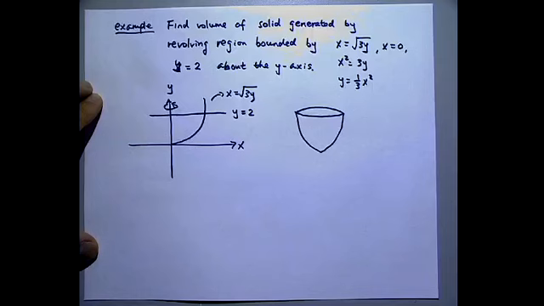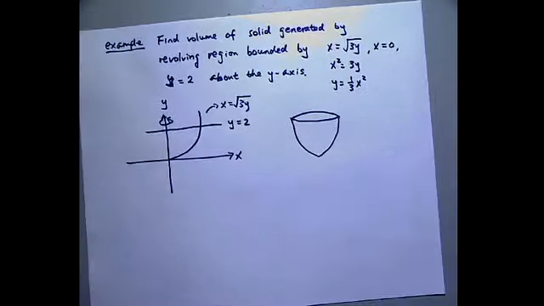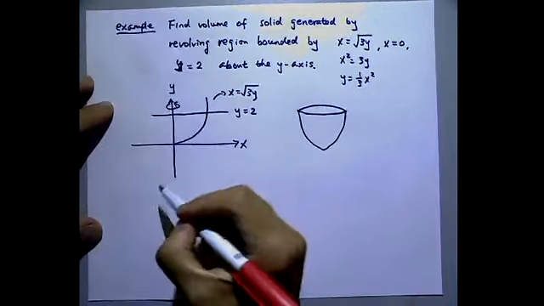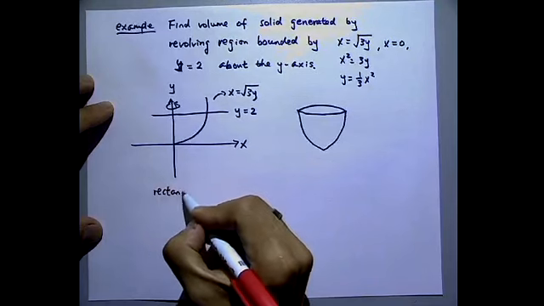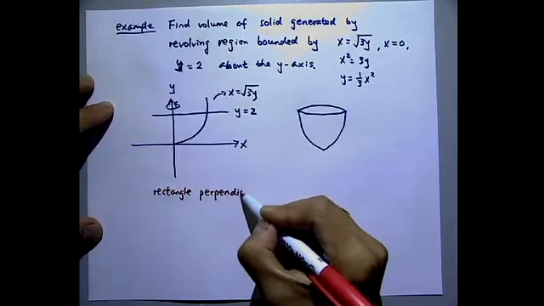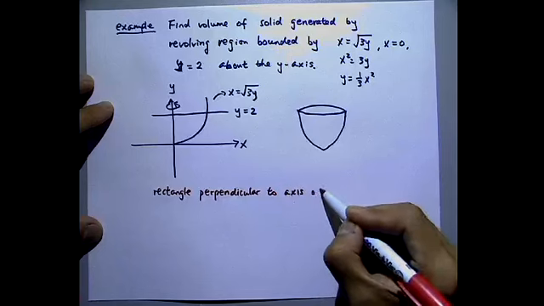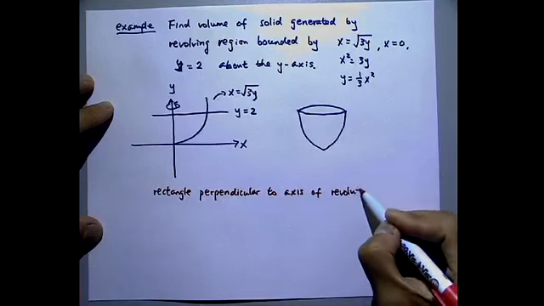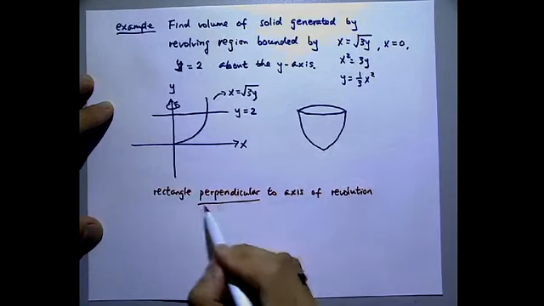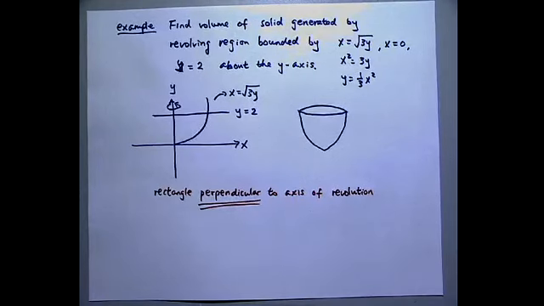Yep. And now here's the key part about the disk method. You set up your rectangle perpendicular to the axis of revolution. That's how you get a disk out of it.